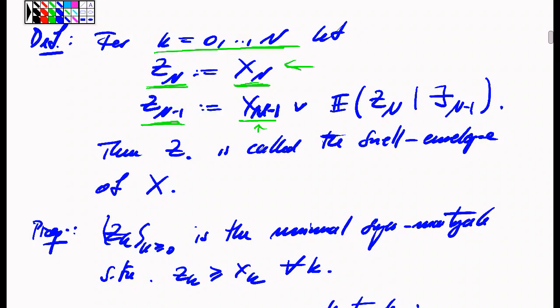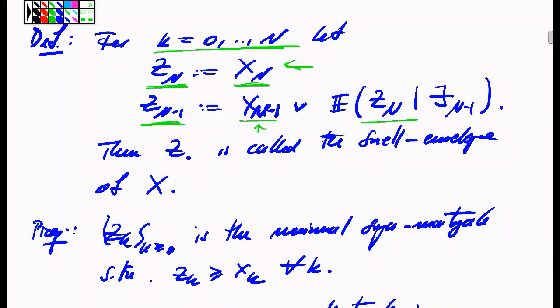So Zn minus 1 represents the best we can do if we make the proper comparison between execution now and execution one moment later. But the execution one moment of time later, of course, needs to be evaluated by means of the information that we have at time n minus 1, which is our current time here.